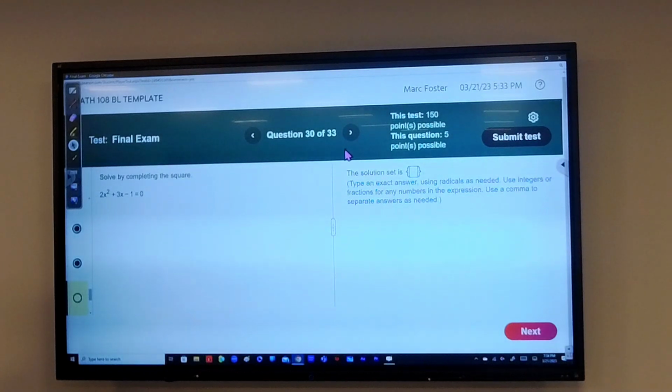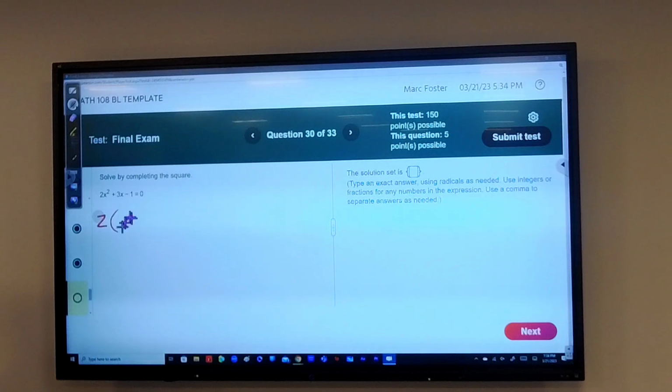Solve by completing the square. No one's looking over your shoulder to see if you're completing the square. We can certainly do it, or you can just use quadratic formula or whatever. So I'll do it by completing the square because it's a neat thing to do. The first thing that ever has to happen is you have to have a leading coefficient of 1.